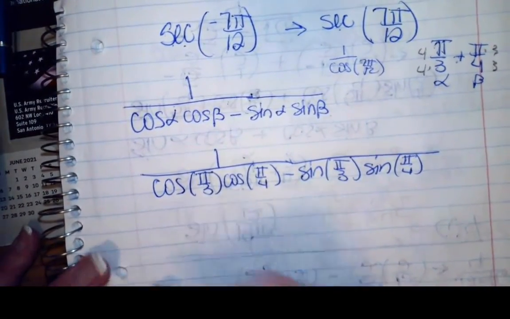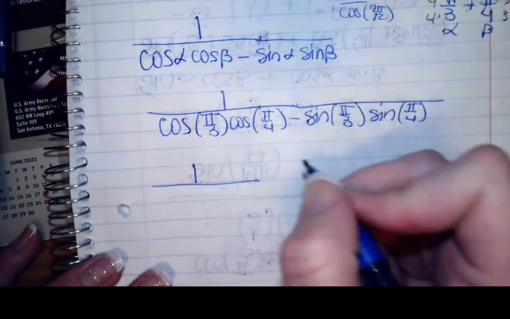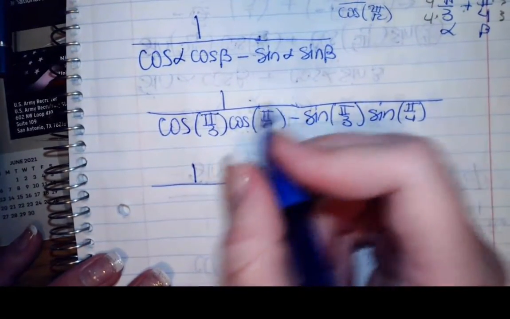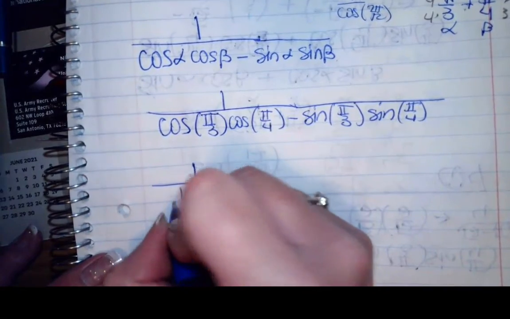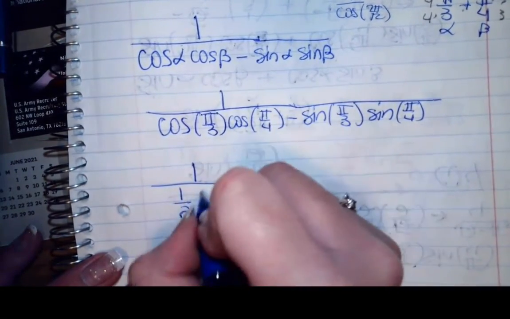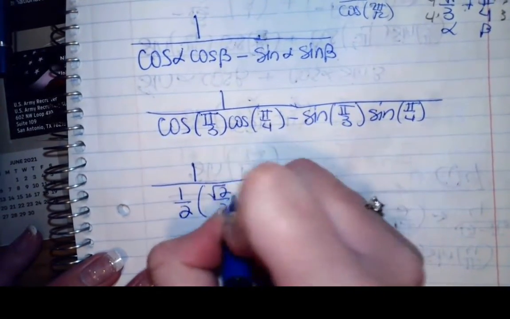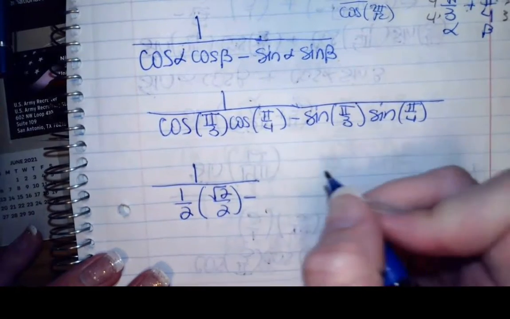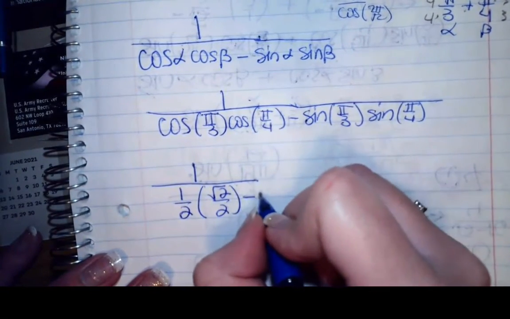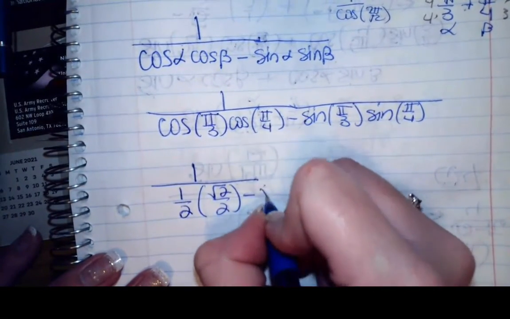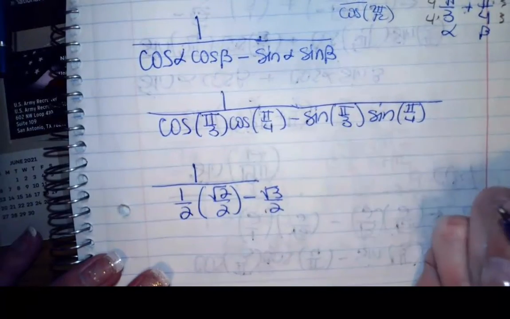Very long denominator. All right, so what's the cosine of pi over 3? Cosine of pi over 3 is going to be 1/2. Cosine of pi over 4 is root 2 over 2, minus the sine of pi over 3, or sorry, is root 3 over 2.